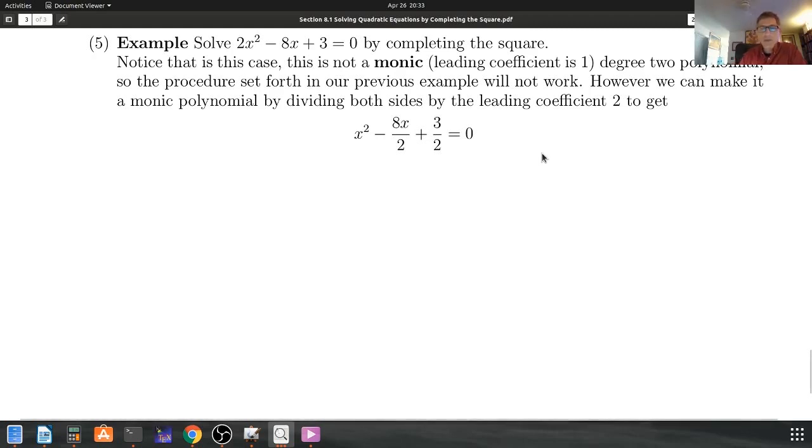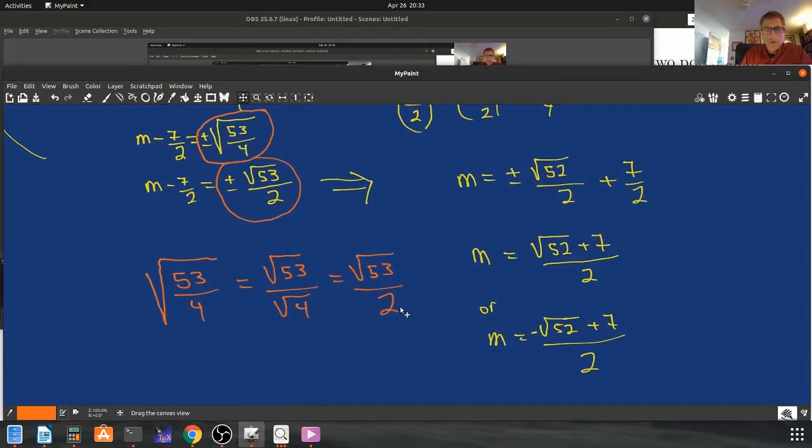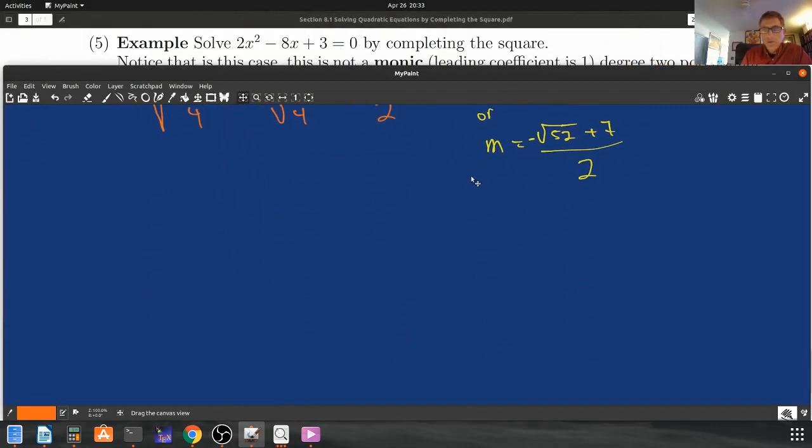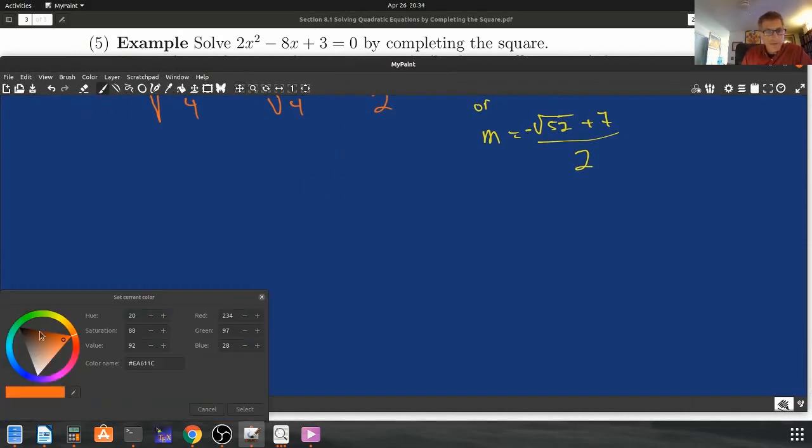As a matter of fact, let's go ahead and just work out this one. It's not so bad. Wrong button. So we want to, it's really not so bad.